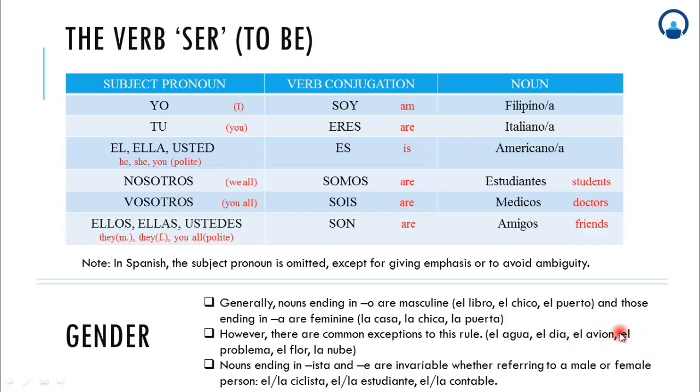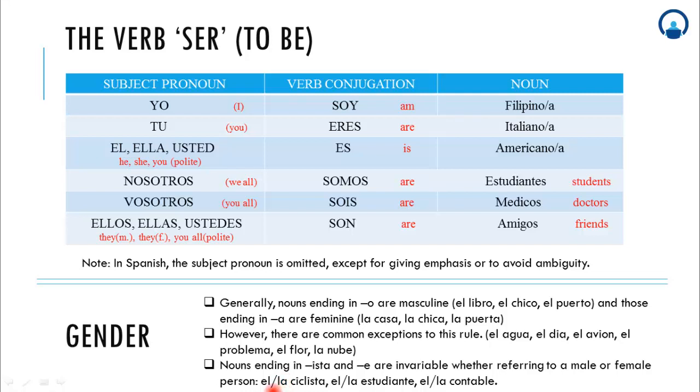El avión, el problema, el flor, la nube. These all are exceptions. Nouns ending in ista and with e are invariable whether referring to a male or female. That means if there's a noun ending in ista or a noun ending in e, it doesn't matter whether it's male or female.